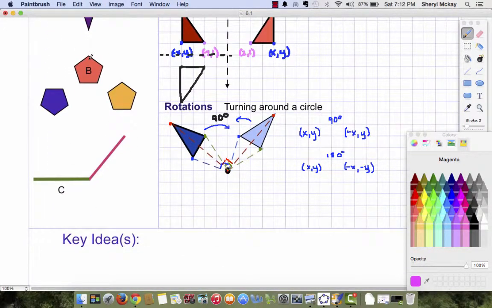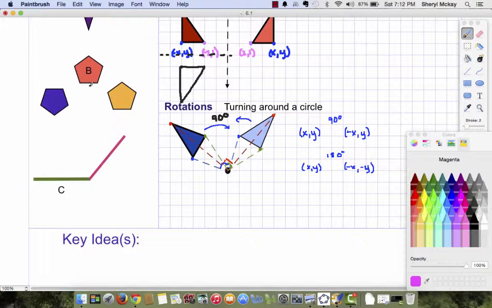Let's try this one down here. Here we've got image B, that's our pre-image, and I'd like to know what type of rigid motion transformation takes image B to the yellow image. Is it a translation, a reflection, or a rotation?